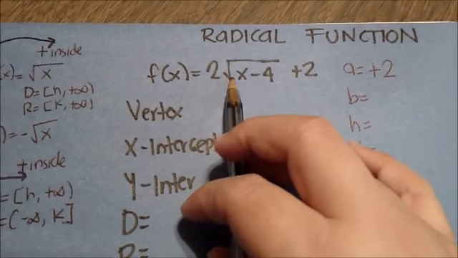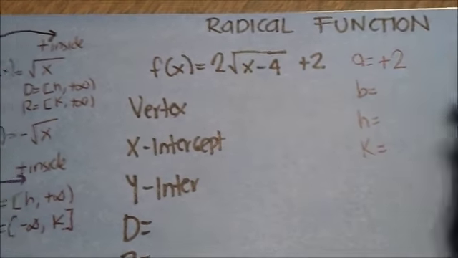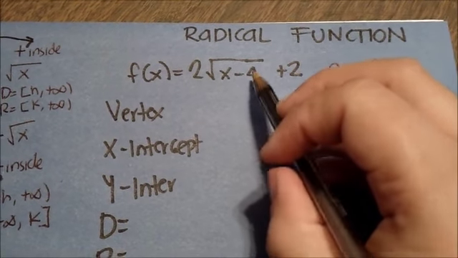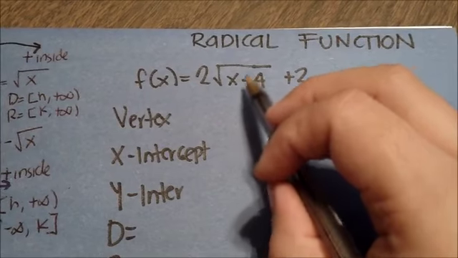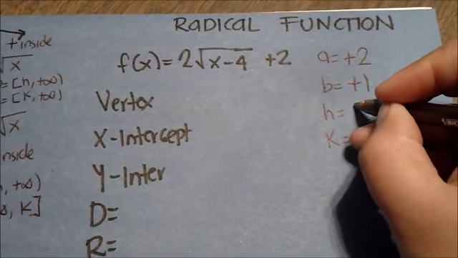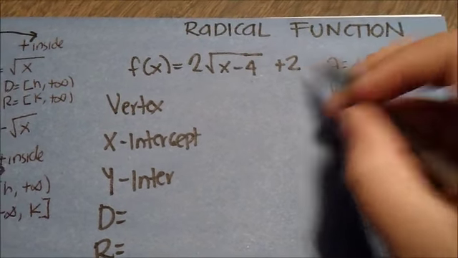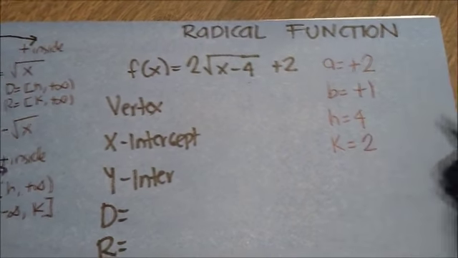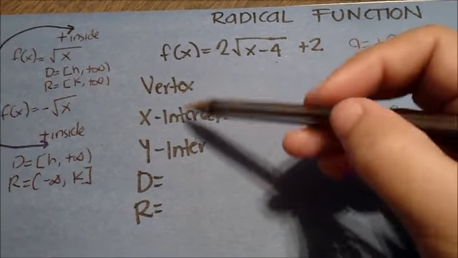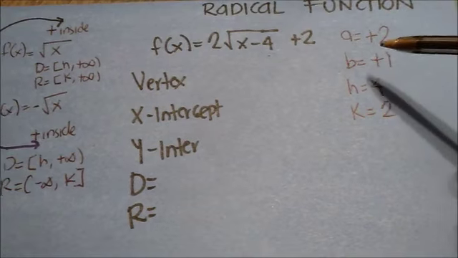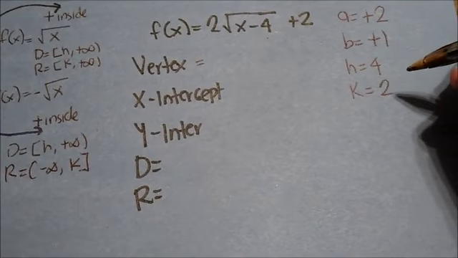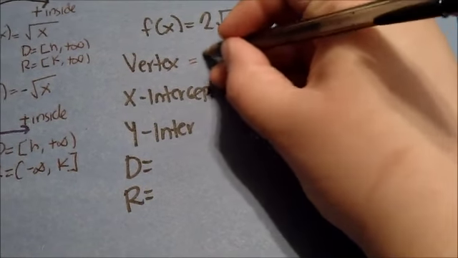B is the number next to x, so it's plus 1. H is the number next to it, minus 4, and remember for h we need to change its sign, so it is 4, and the k is 2. So with this information, I can fill almost all of this. I have my vertex or initial point, that is going to be 4, 2.